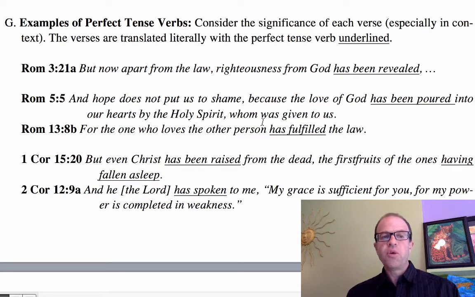For example, Romans 3:21, "But now apart from the law, righteousness from God has been revealed." This is a perfect tense verb form. Notice that it's dependent on a previous action, but the focus is not on the past, it's on the resultant effect, that this righteousness has been revealed and is currently operative in the world.